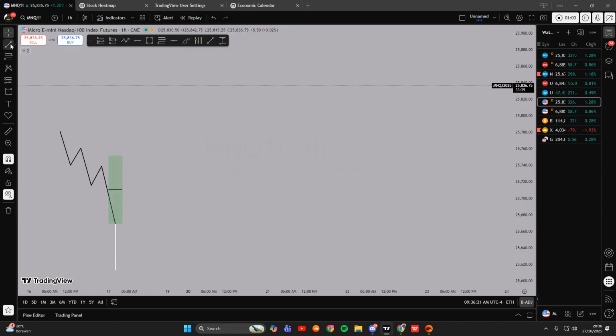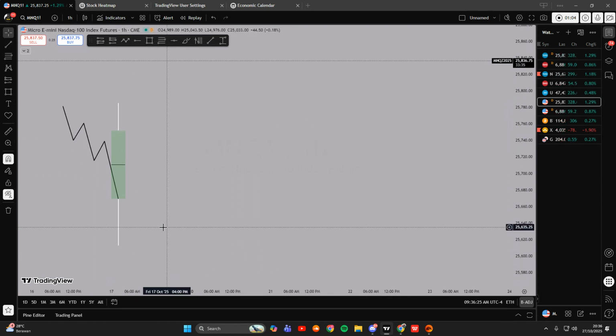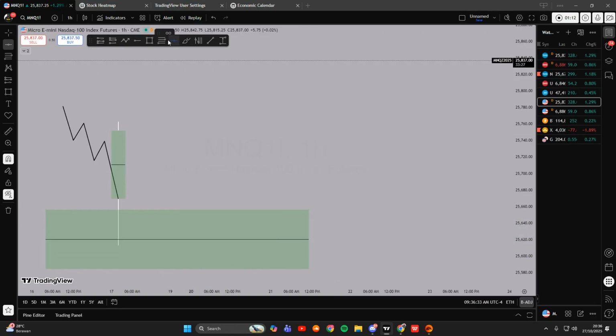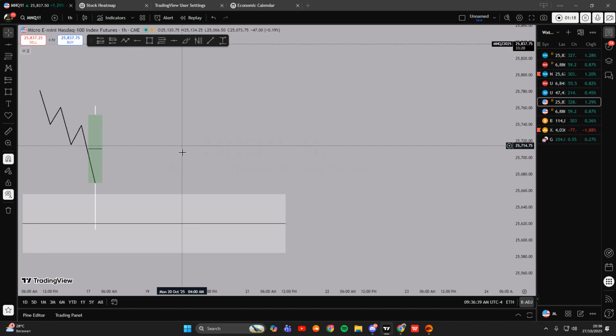See how the candle left a huge wick after tapping into this PD array.